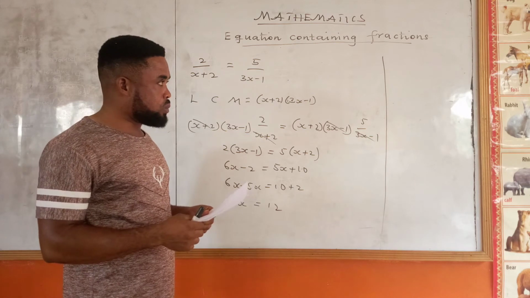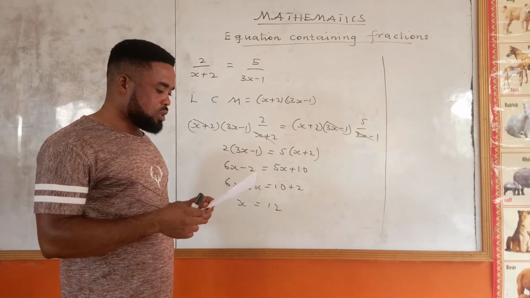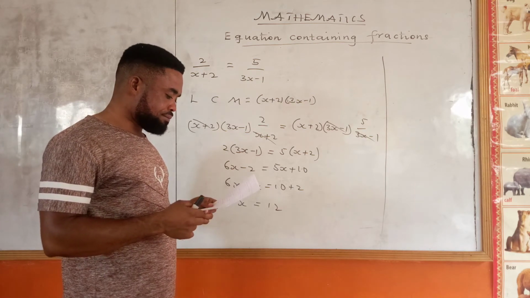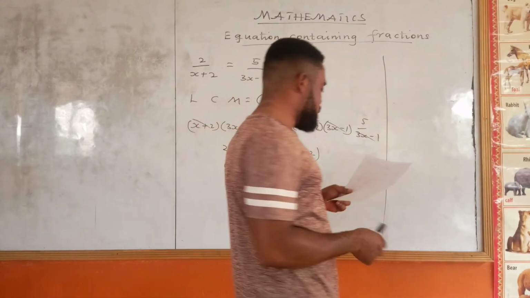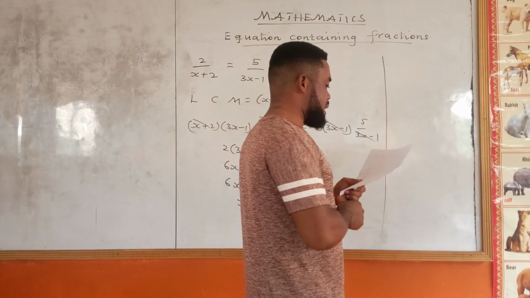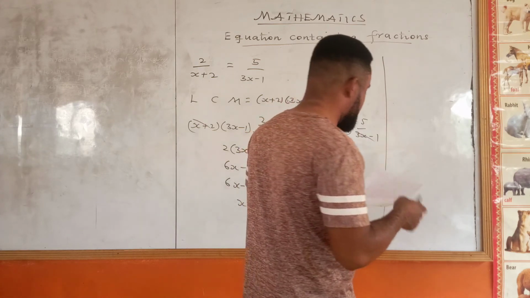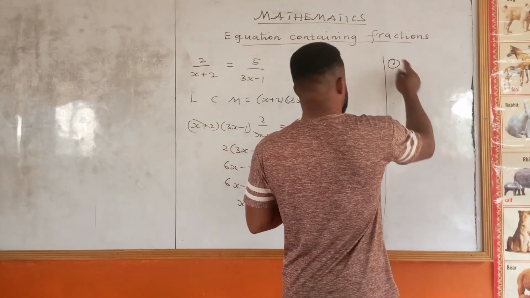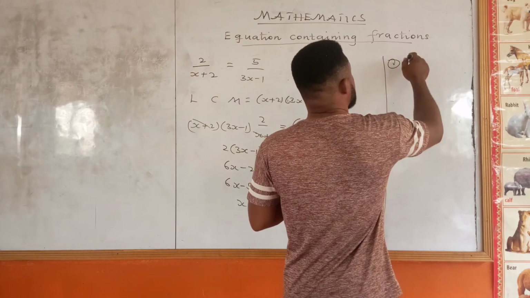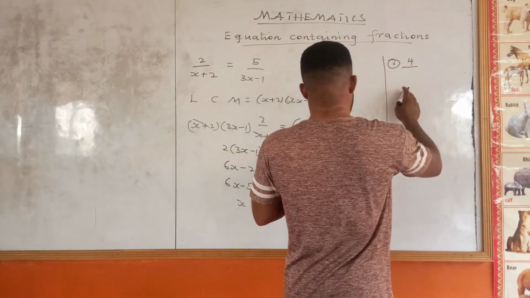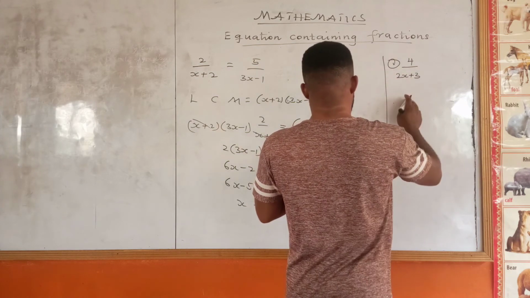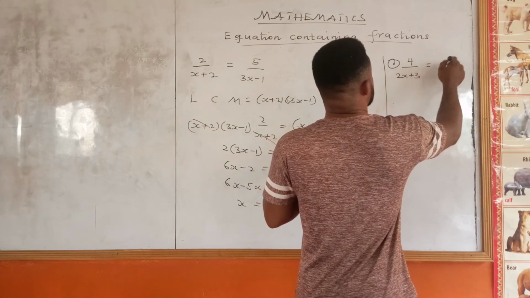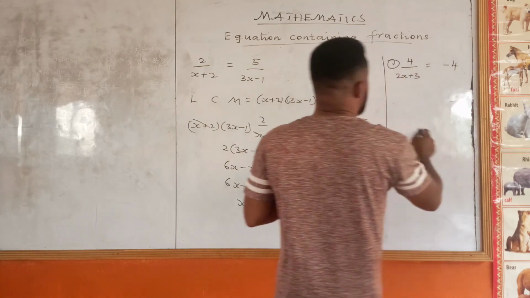I shall give you an assignment to do for me. Okay, I'll give you only 3 assignments to do for me. Number one, 4x over 2x plus 3 equal to negative 4.